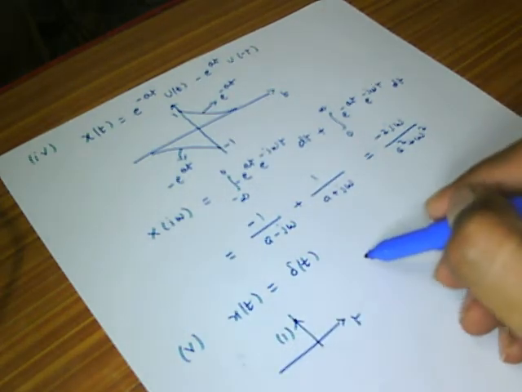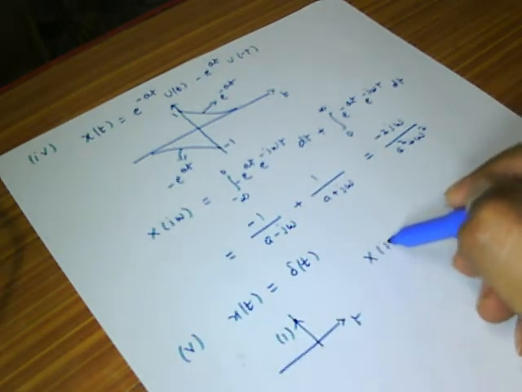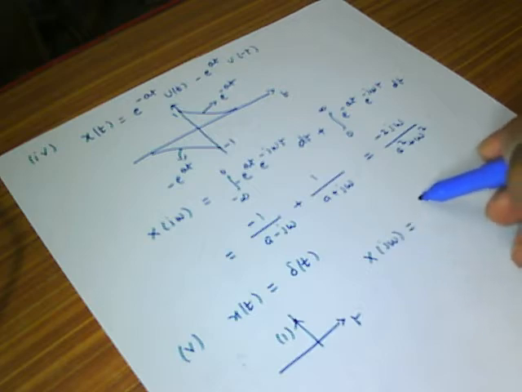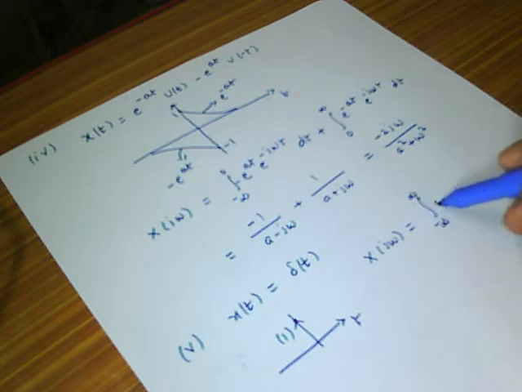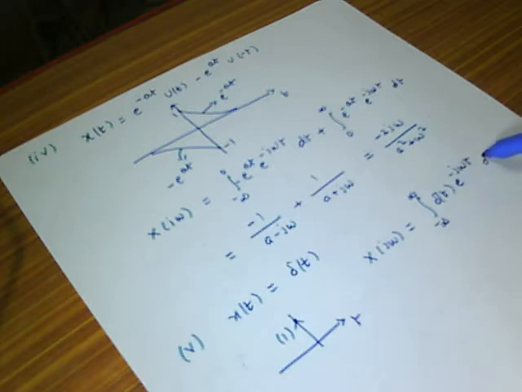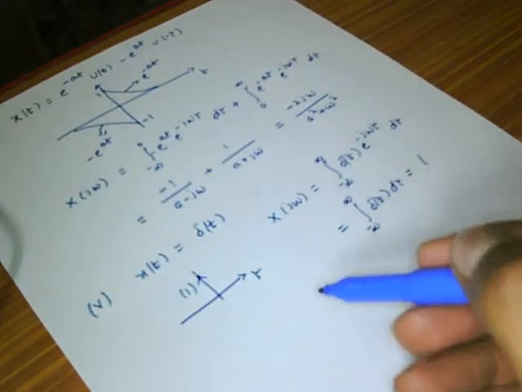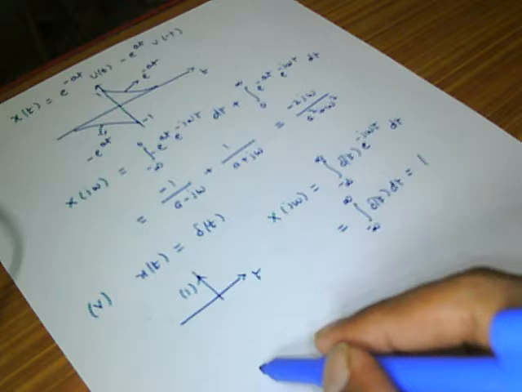So for this, my x of j omega will be equal to integral minus infinity to infinity delta of t into e power minus j omega t dt. So this will be equal to integral minus infinity to infinity delta of t dt, which is equal to 1. So if you plot this graphically, how does that look?